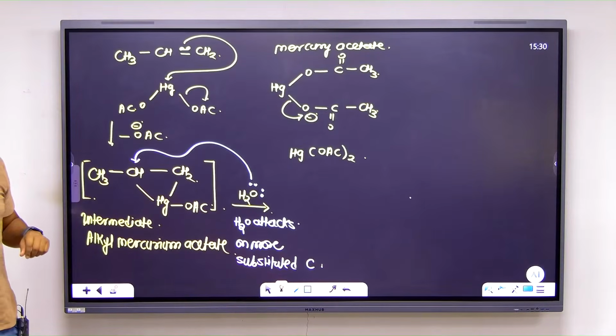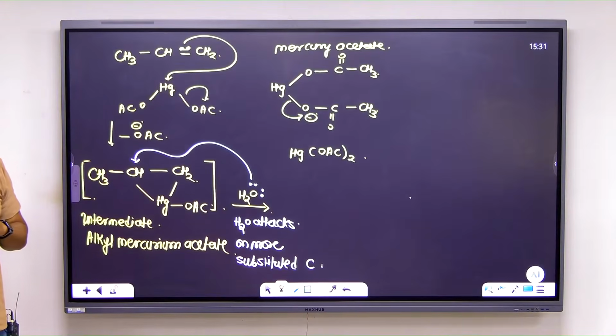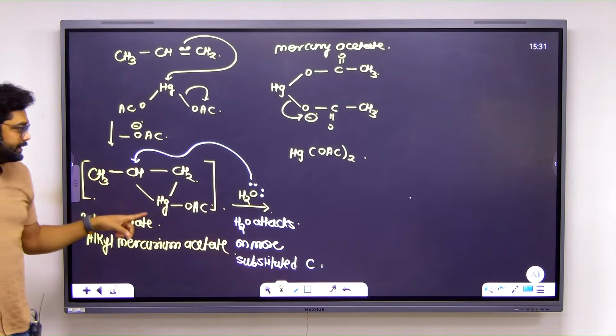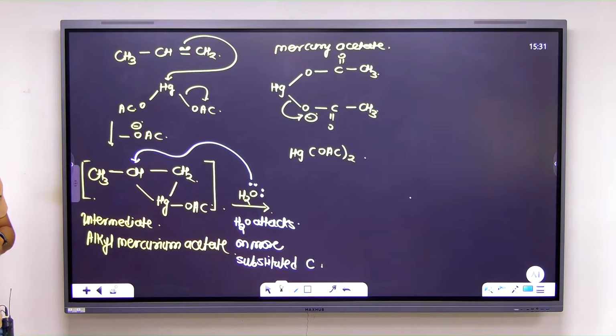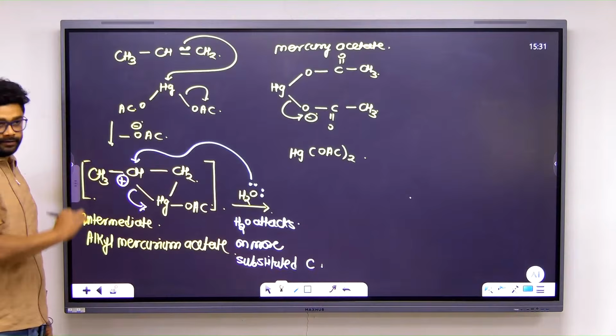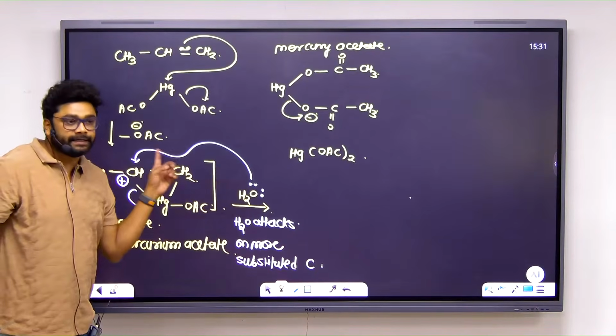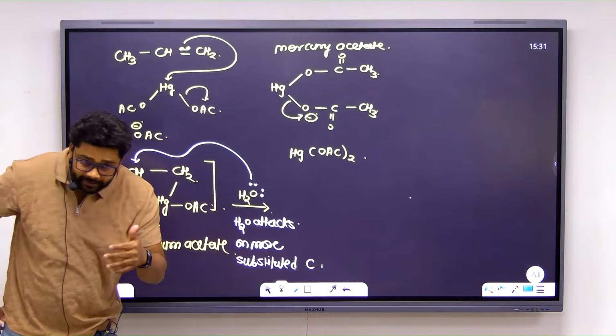So it has some hidden target, and that can be attacked by what? Oxygen. More substitution means it leaves the positive charge at this carbon, and that's why oxygen is able to attack on this. There is no second type of attack.